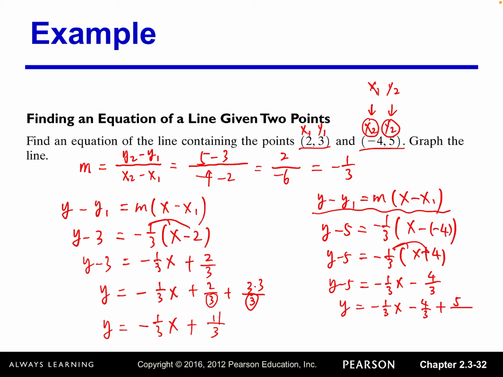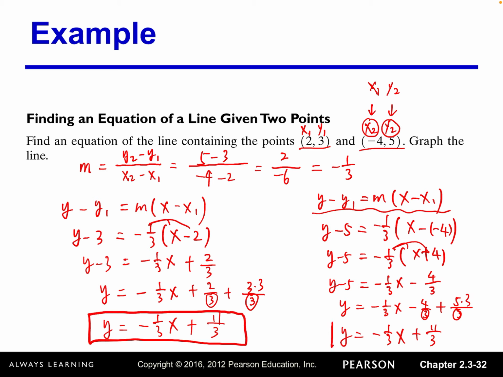Again, we need to multiply both numerator and denominator by 3, still an equivalent fraction, because we want the denominator to equal 3. So that's -1/3 of x. Now they have the same denominator 3. Numerators we can combine: -4 plus 15 is positive 11/3. So you can see, it doesn't matter which point we plug into the point slope form of the line equation, we get exactly the same line equation.